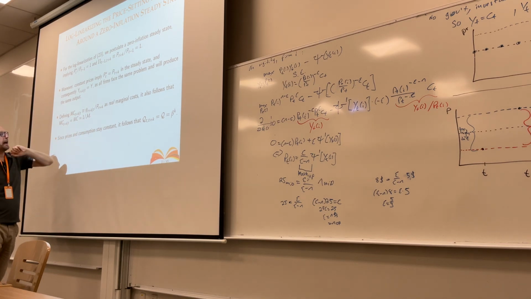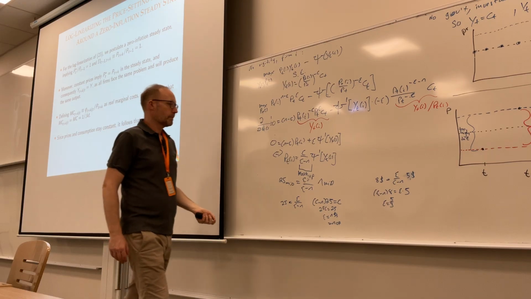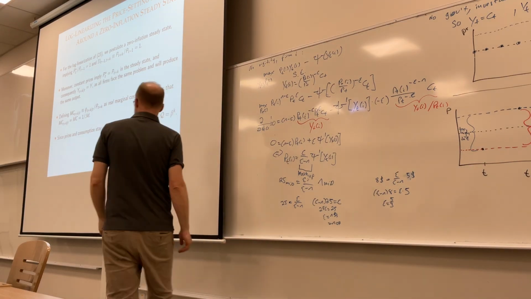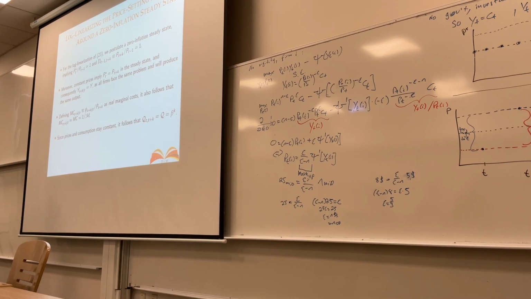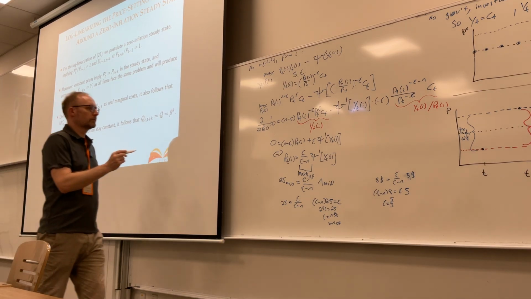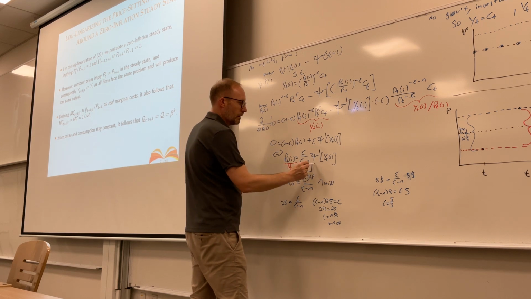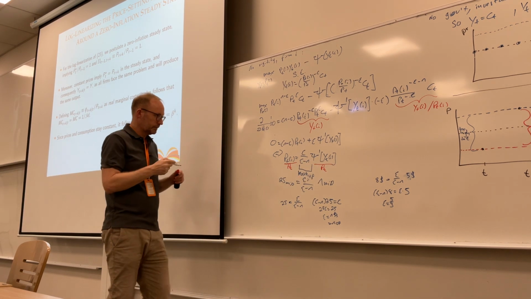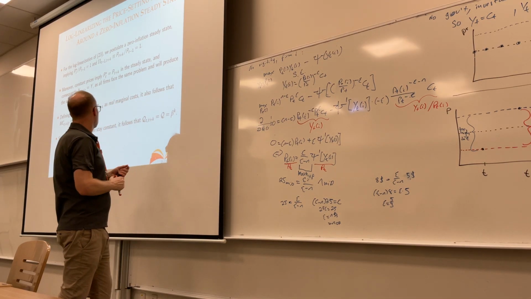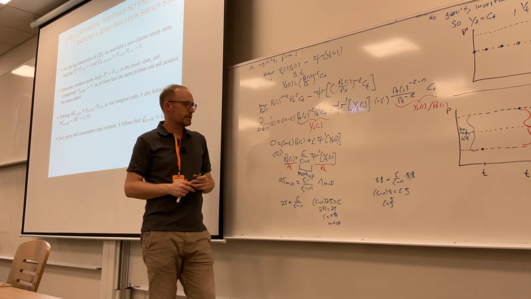Which means if we look at real marginal costs, divide this through by P_t, we get real marginal costs as a relative price.